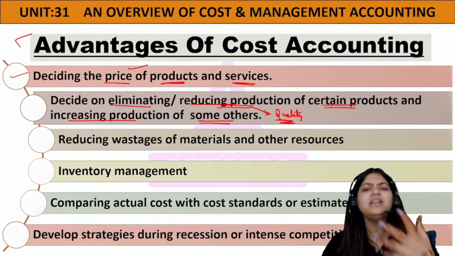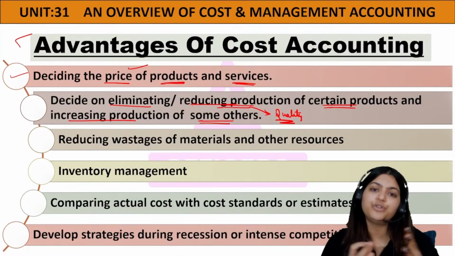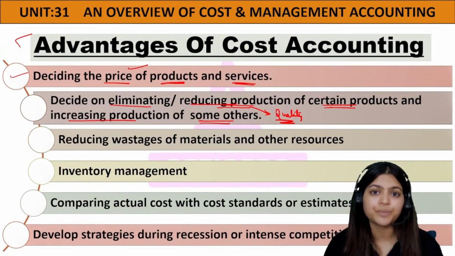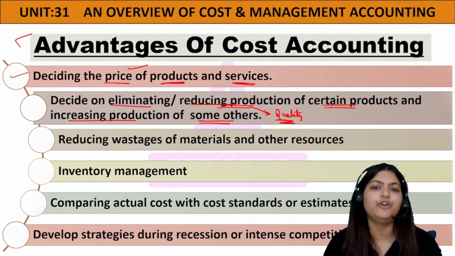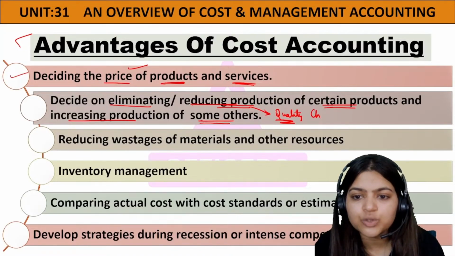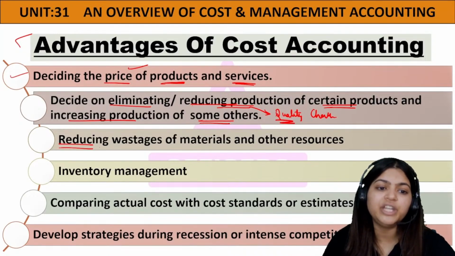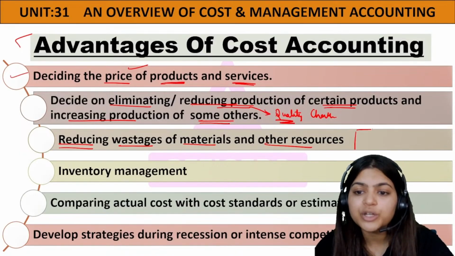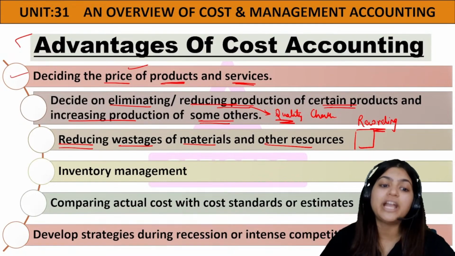Why call for it? Repeated quality checks are unnecessary expenses. So what you can do is focus on your raw material, whether it is of good quality or not. Unnecessary repeated quality checks lead to over expenses. Because of this, you can also reduce wastage of raw materials and other resources, because now you are recording each and everything. That is your advantage.